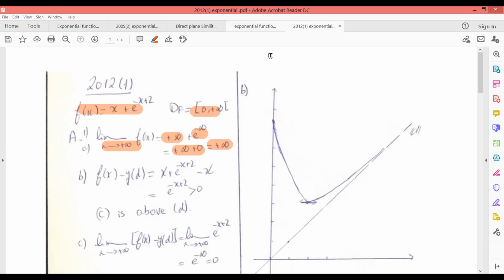We have to prove that the limit as x tends to plus infinity of f(x) minus y_D gives 0. So the limit of f(x) minus y_D is e power minus x plus 2.